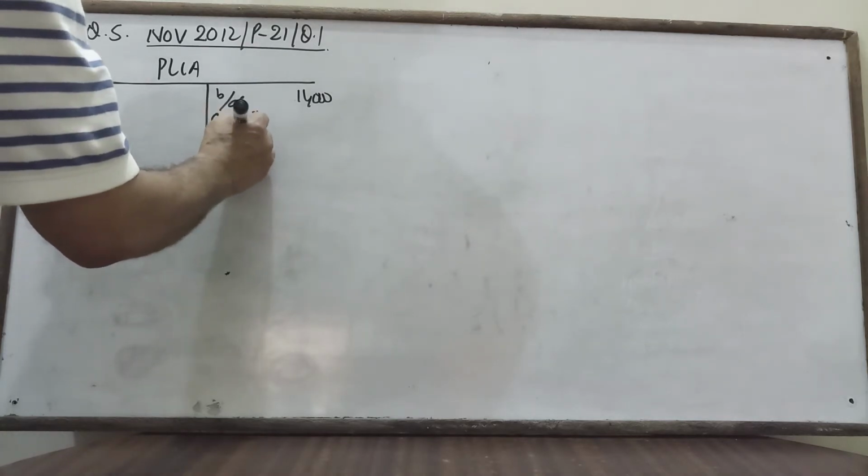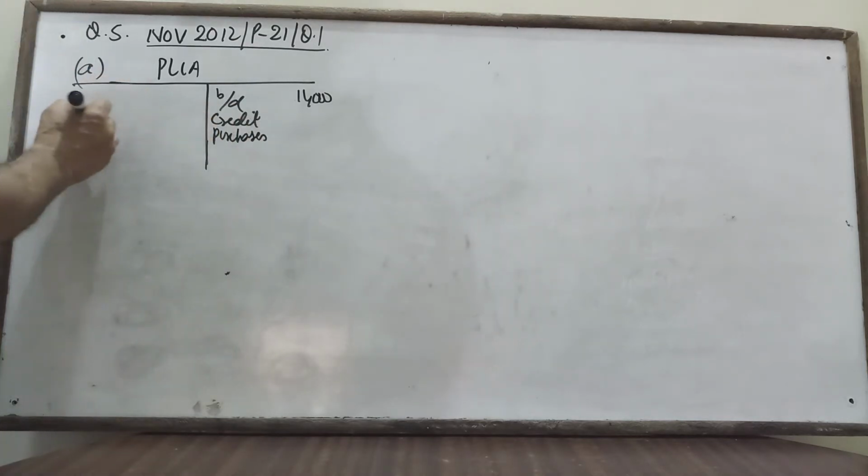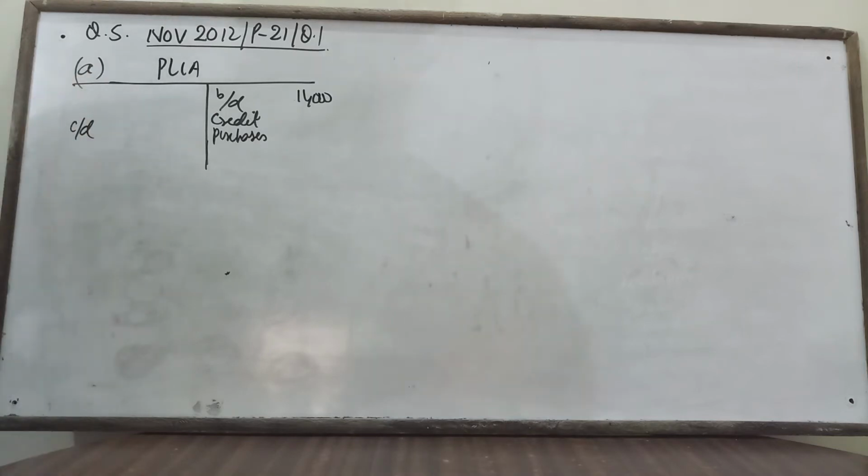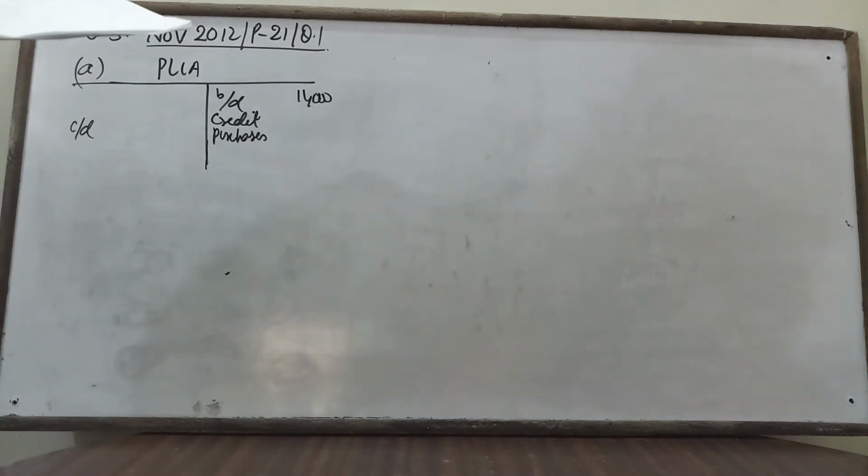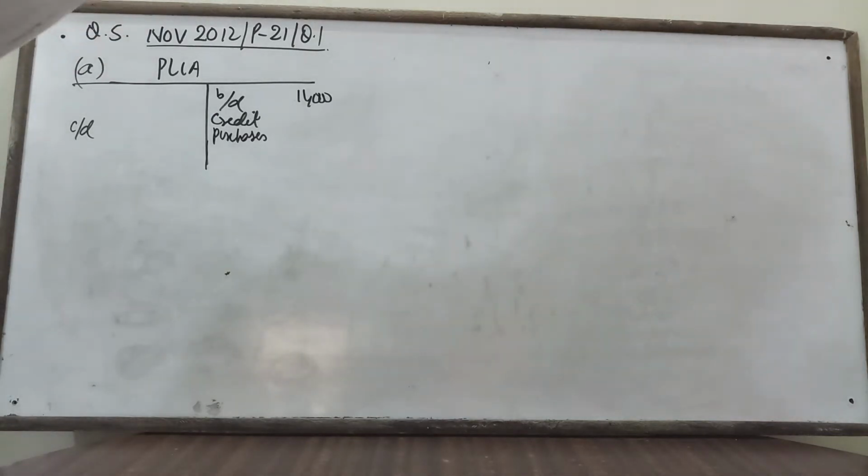Then the accounts payable closing balance comes on the debit side, which is given in the points just before requirement A. You can see the two points given here.